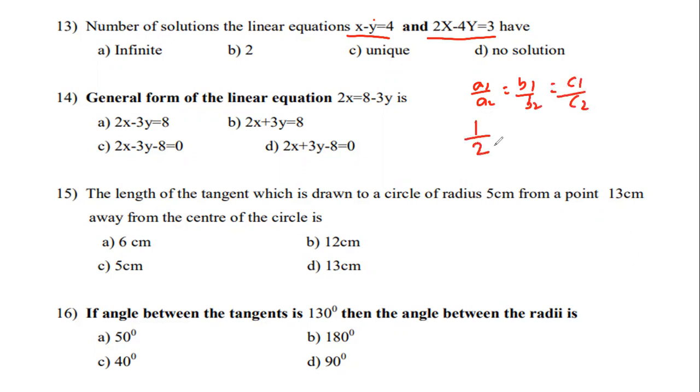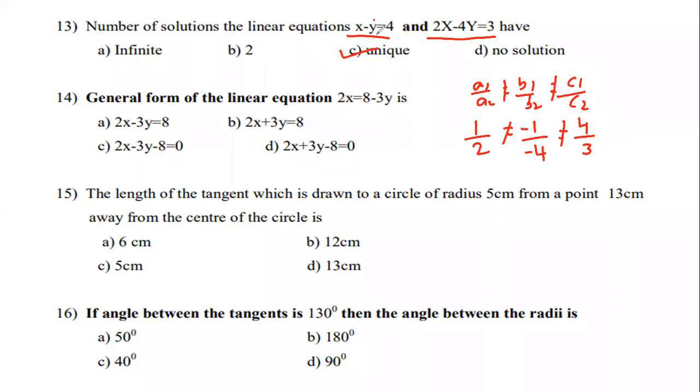A1 is 1, A2 is 2, B1 is minus 1 divided by B2 is minus 4, C1 is 4 divided by C2 is 3. Not equal, not equal. So a1 by a2 is not equal to b1 by b2, not equal to c1 by c2. So it has a unique solution. Which option is right? Option C is correct.